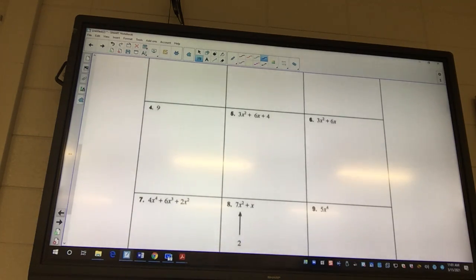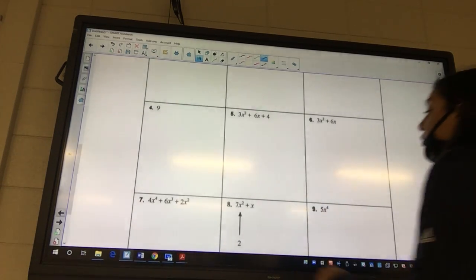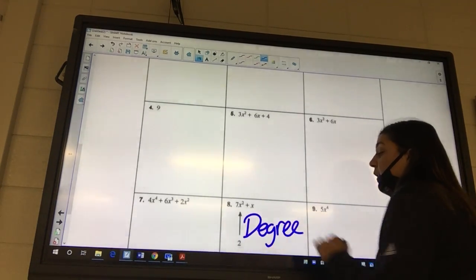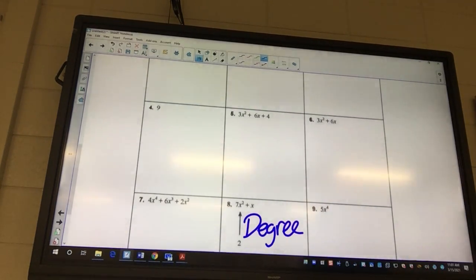We call it an exponent, don't we? Cubic is 3. We call it a quadratic. Some people call it squared, some people call it an exponent. What they're wanting to know, the new word you learned today, is degree. That's another word for exponent.